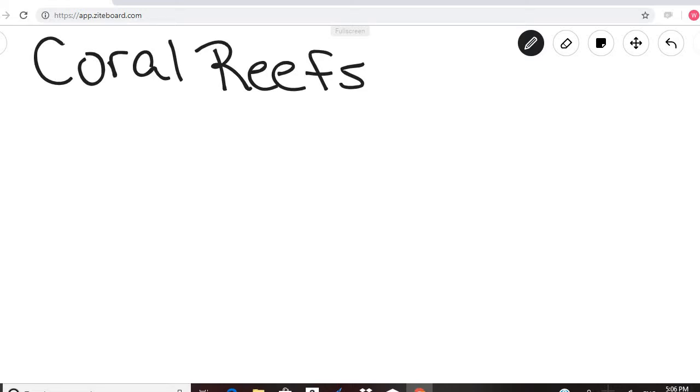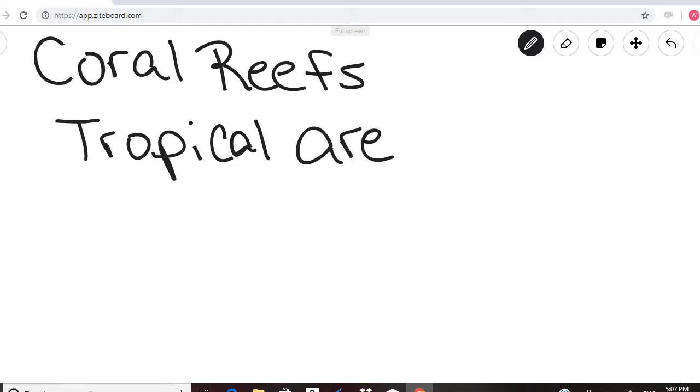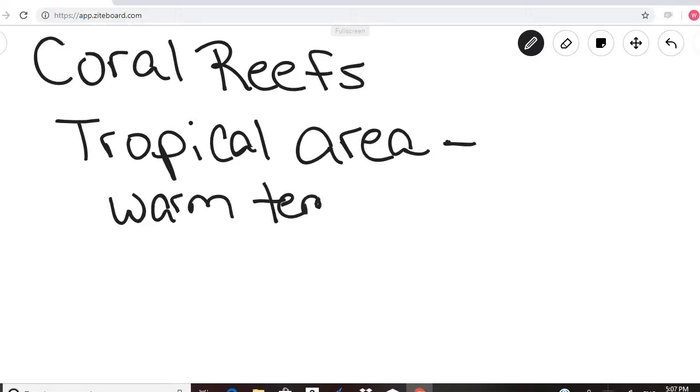So we'll look at a map in just a moment, but coral reefs are found in tropical areas because they do best where there are warm temperatures and where there is plenty of sunlight.